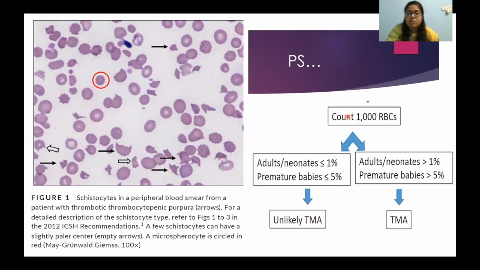We have to count 1000 RBCs. If the schistocyte percentage is more than 1%, and in premature infants if it is more than 5%, then you are very likely dealing with a case of thrombotic microangiopathy. So these are the cutoff values which have been recommended and proved useful by the recent upgraded recommendation of ICSH.